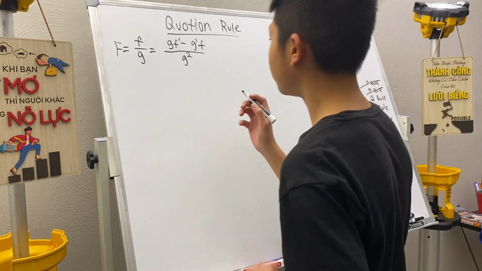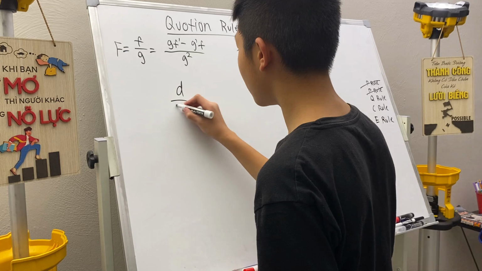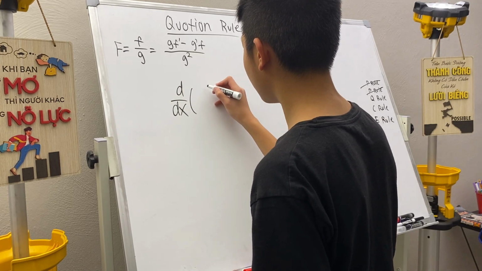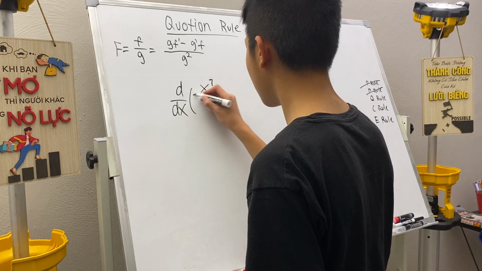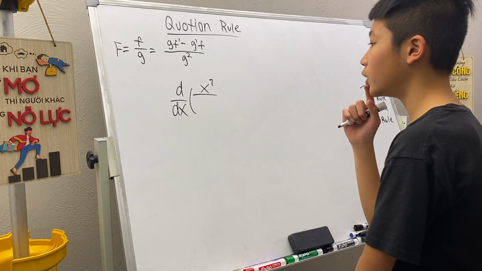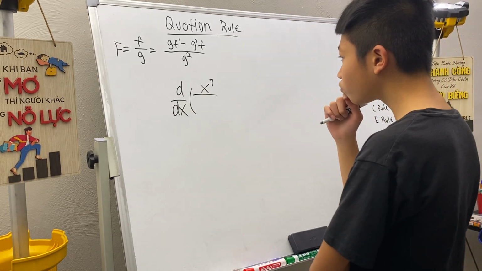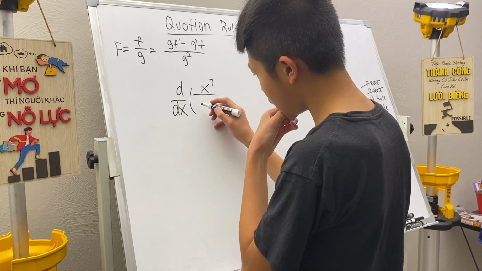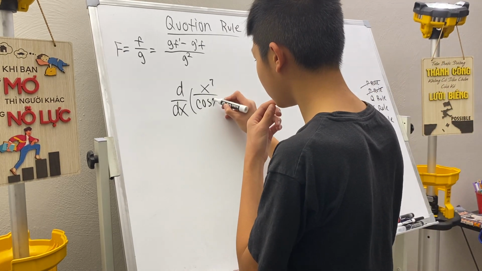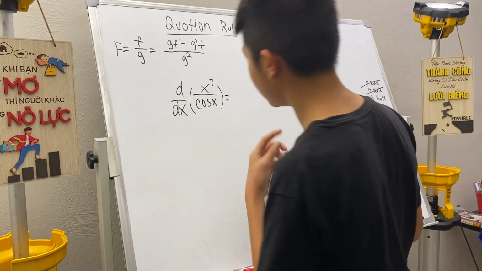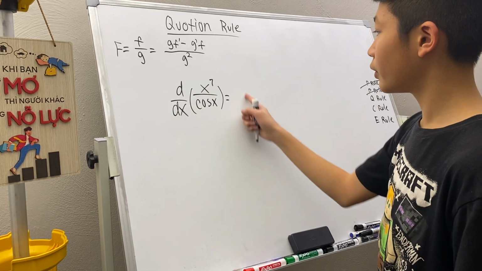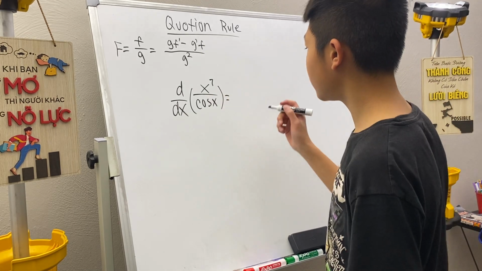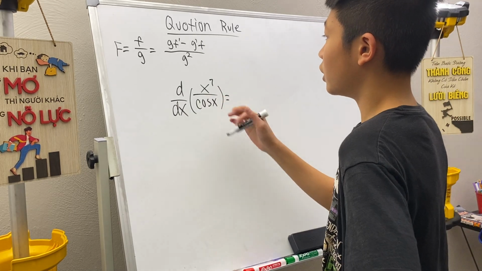All right. Let's say you're taking the derivative of the function x to the 7 power over cosine x. This is equal to... Oh yeah, let me tell you that.